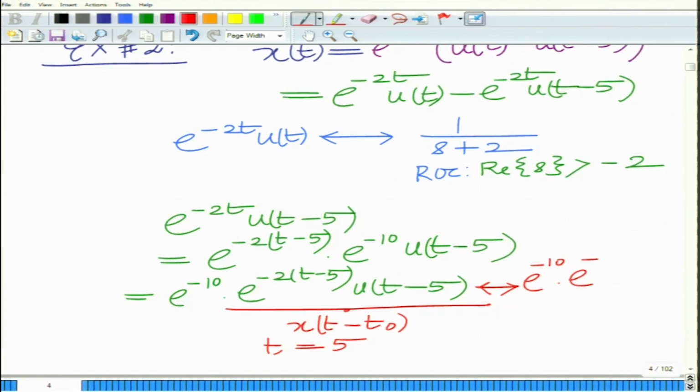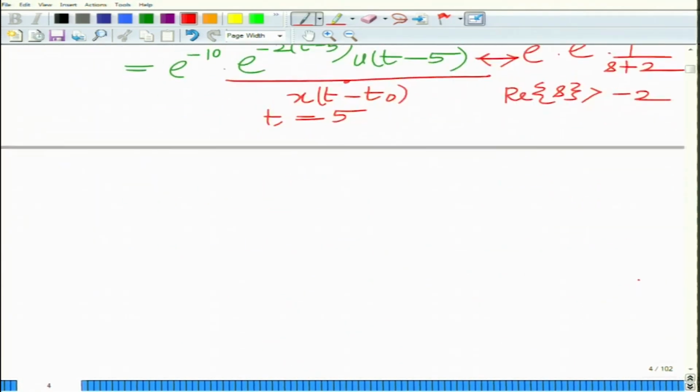So, this will be e raised to minus 5s into 1 over s plus 2, which is the Laplace transform of e raised to minus 2t u(t), and the ROC will be again real part of s greater than minus 2.